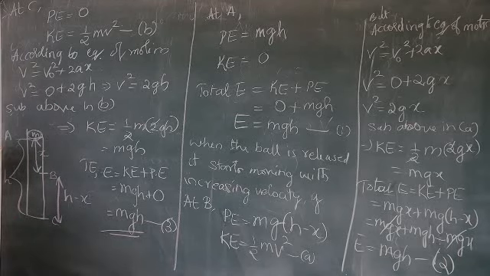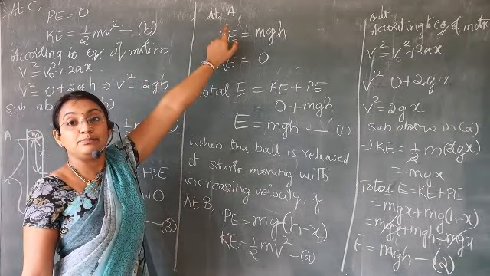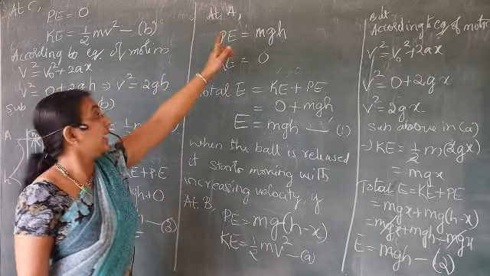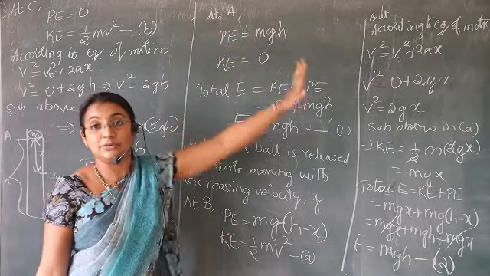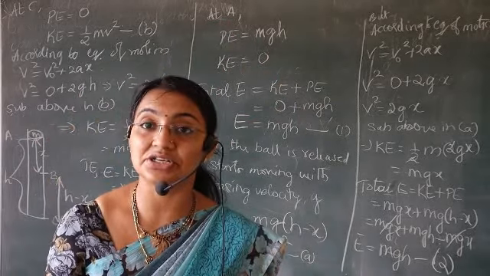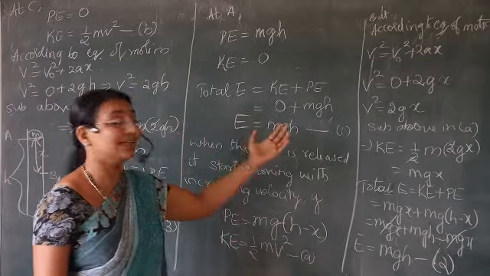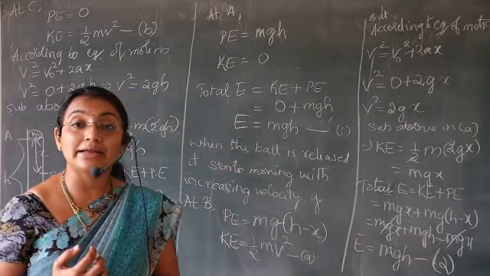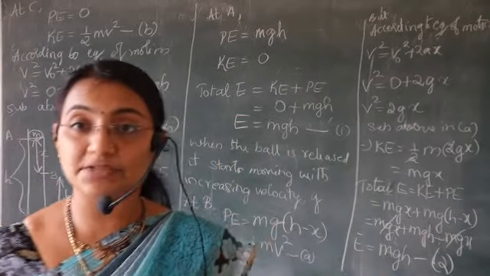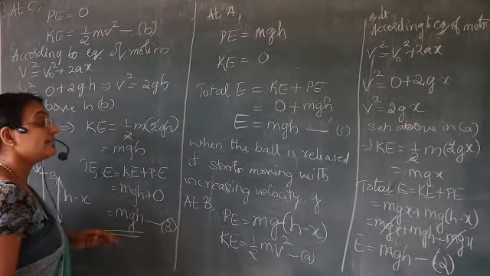So what we have done: initially the object was at rest with the mass m at the height h, at the point A. At the point A, potential energy is maximum, that is mgh, and kinetic energy is minimum, that is 0. Therefore, total energy is equal to kinetic energy plus potential energy, that is mgh.